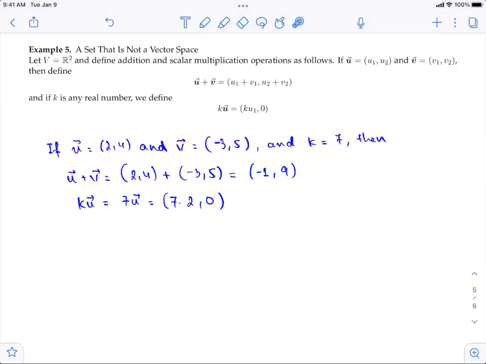Again, I don't know what that is, but that is the setup. And I want to know if, using this particular setup, we have a vector space or not. So for this scalar multiplication, you get the resulting vector to be (14, 0).